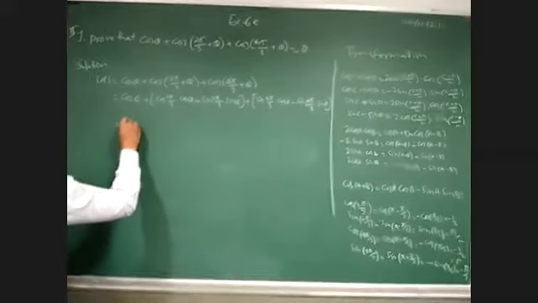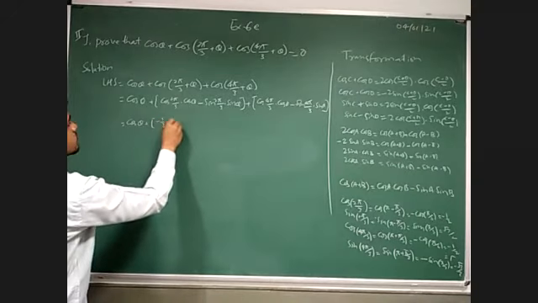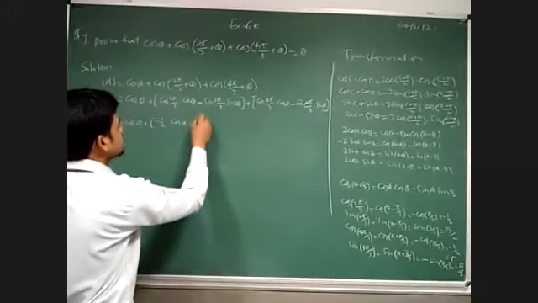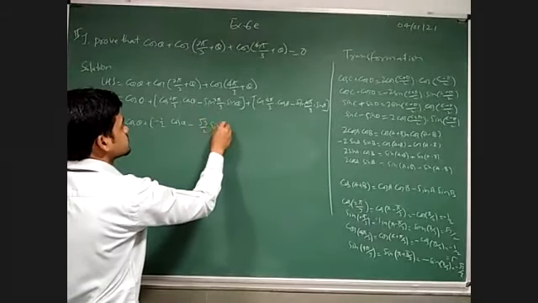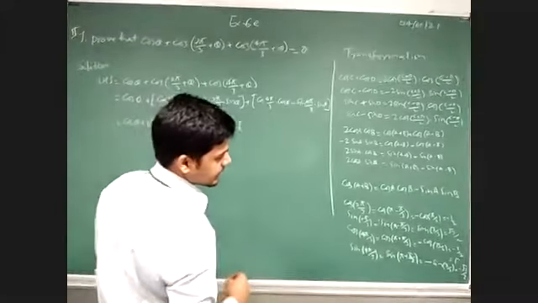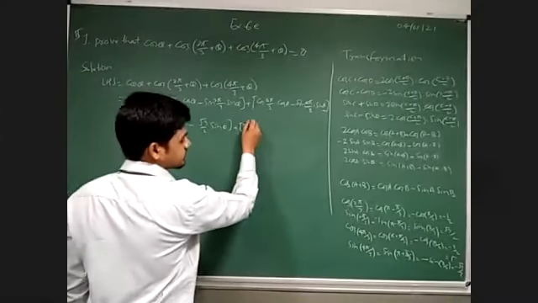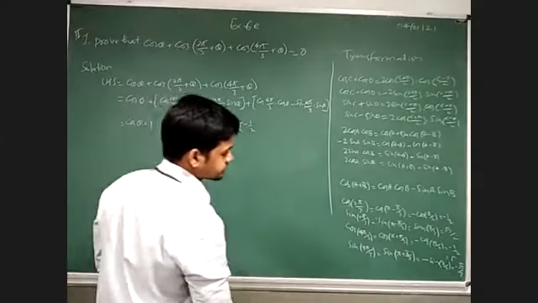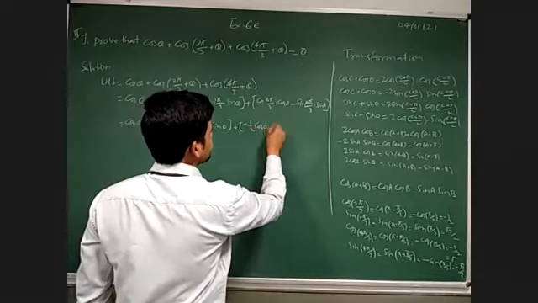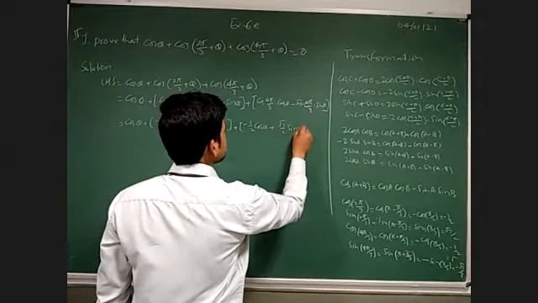Now just put the values: cos theta plus minus 1 by 2 cos theta minus root 3 by 2 sin theta, plus minus 1 by 2 cos theta plus root 3 by 2 sin theta.